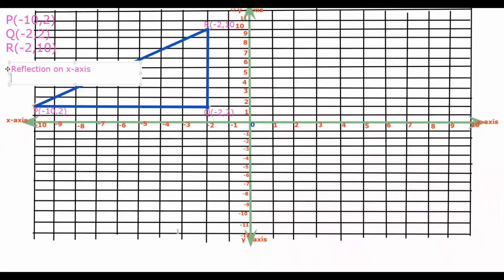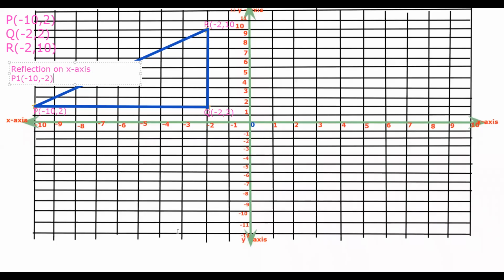So when you have point P, which is negative 10 and 2, you form a new point. Here will be P1. You are not going to touch the x coordinate, so it's already negative 10, not going to change anything, but the y coordinate will suffer a negative sign.